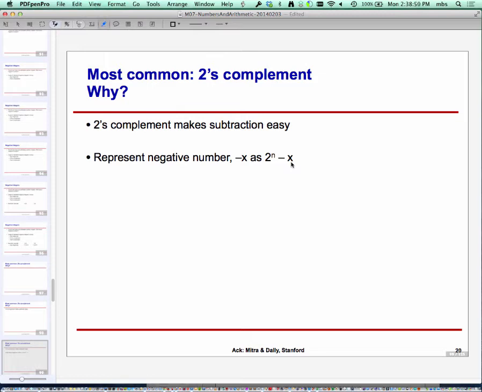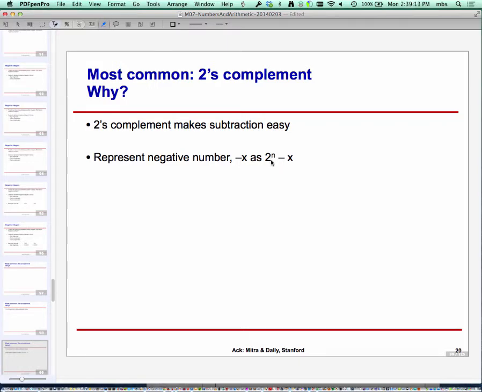And at this stage it sounds kind of like black magic, what's the benefit? But let's see how it plays out. That's the basic scheme here. That is, if I have a negative number, I'm basically going to add 2 to the power n to it.